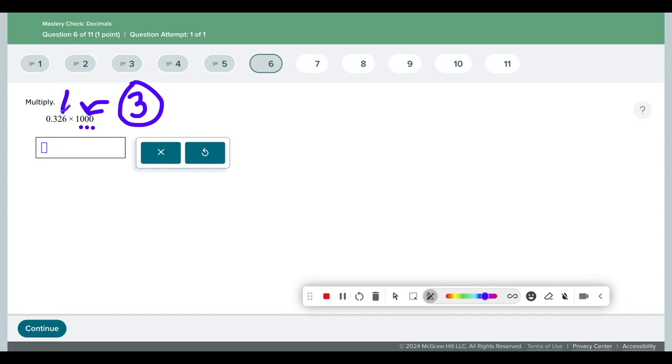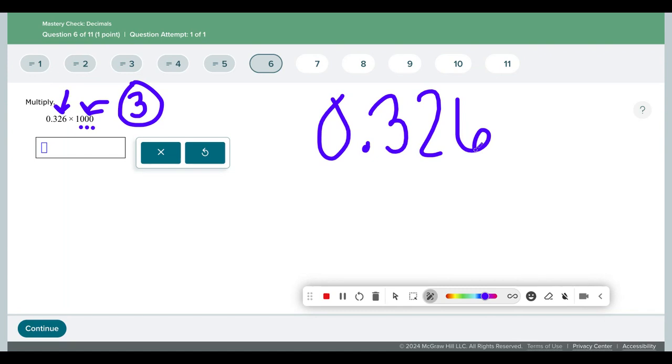So look at what you're multiplying it by. If we have this original number of 326 thousandths, and I need my number to get bigger because I'm multiplying by 1,000, then if I take my decimal point and move it over here, is my number getting bigger or smaller?